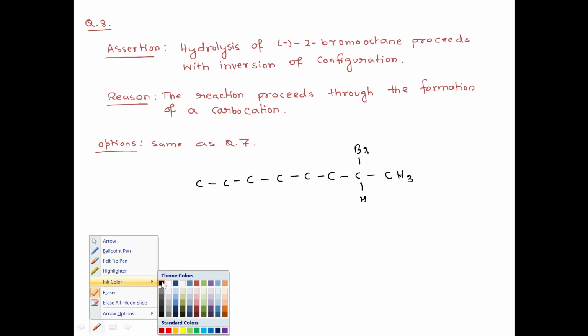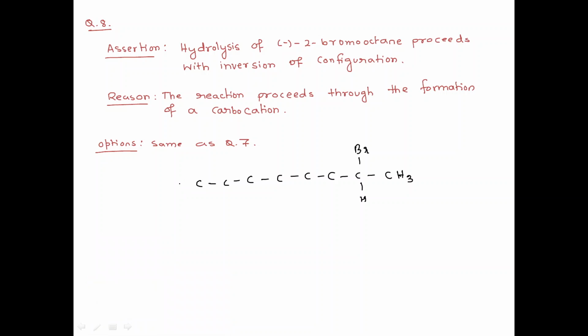So the chain is CH3, CH2, CH2, CH2, CH2, CH2, and this carbon is basically your chiral carbon.